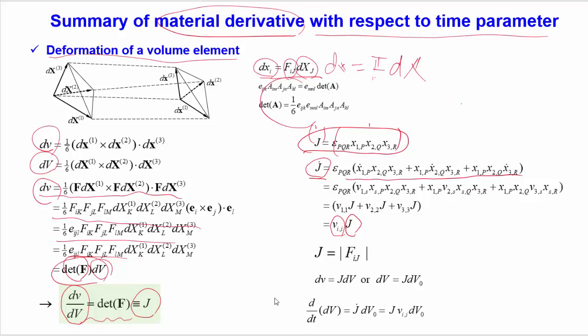It can be seen from this equation that the trace of the velocity gradient should be zero if the density does not change, in the case of incompressible materials.